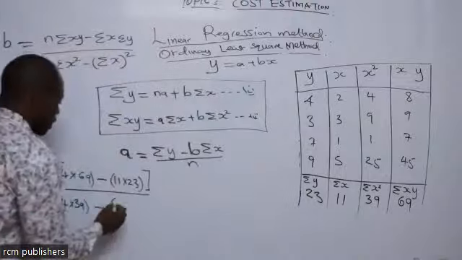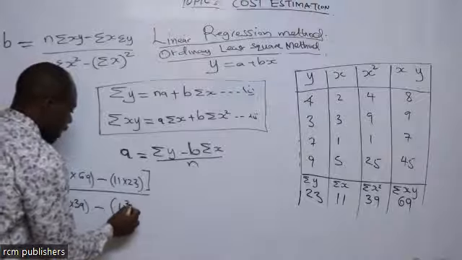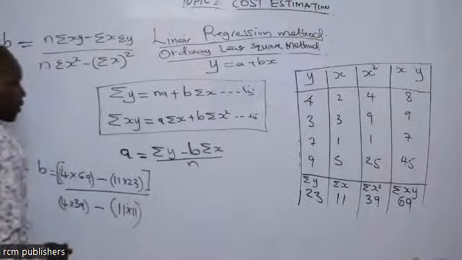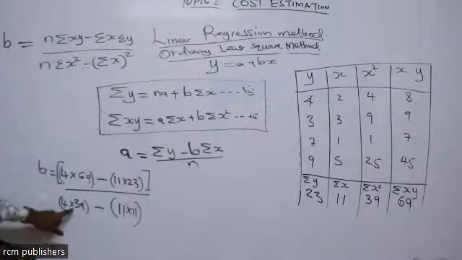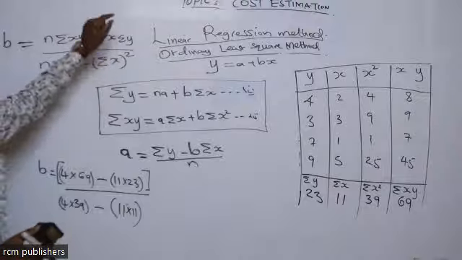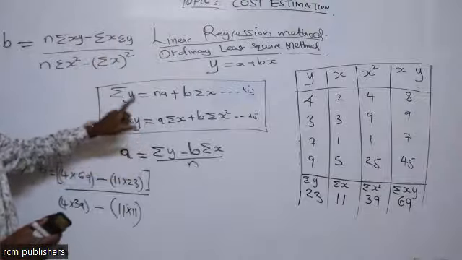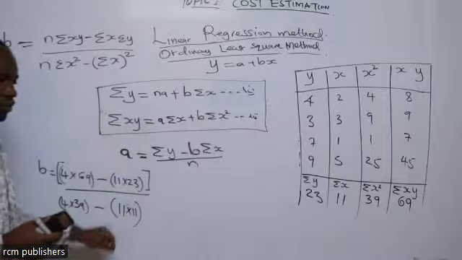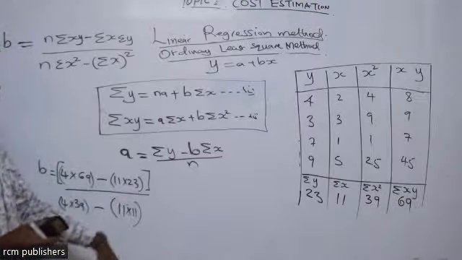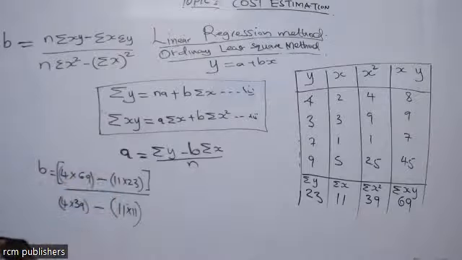So you take 11 squared, or 11 times 11. So you've now seen the difference between summation of x squared and summation of x, bracket, squared. Because if you don't get that from today, you may end up missing all these marks all the way to your paper.